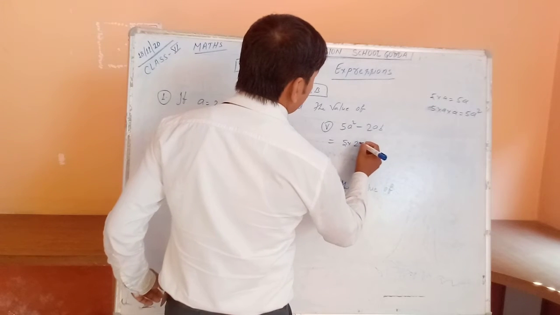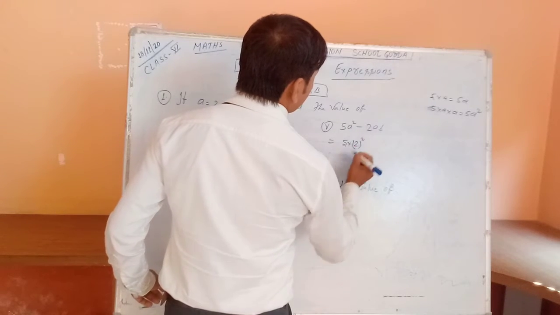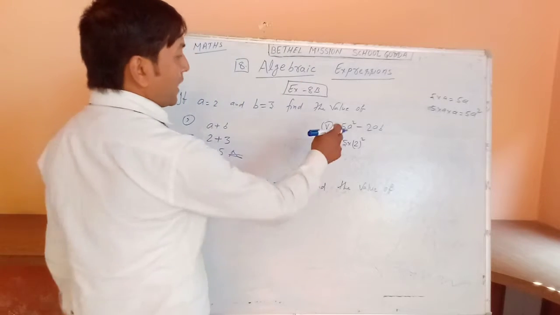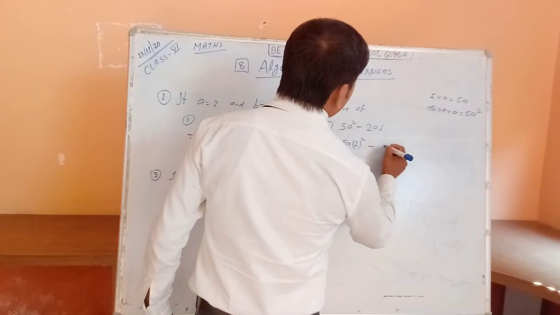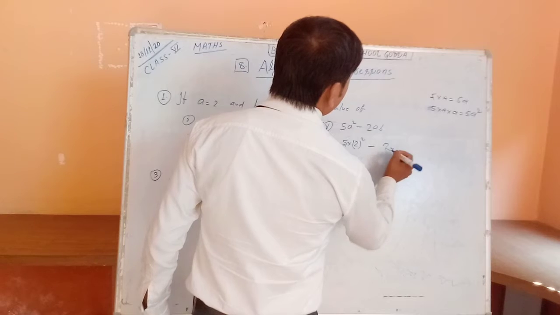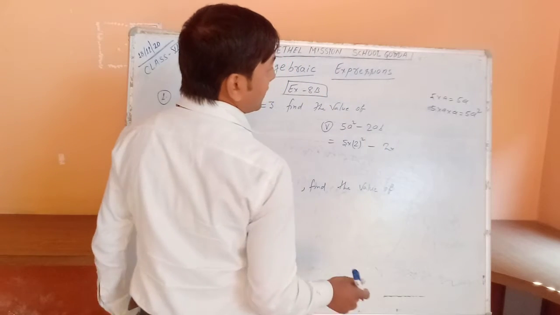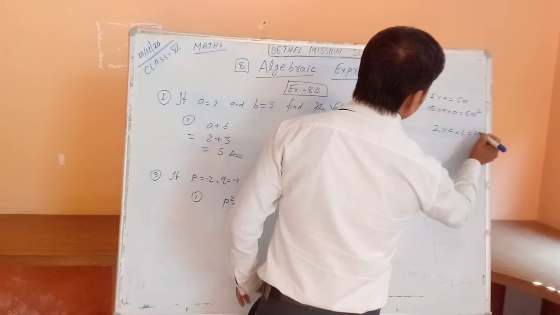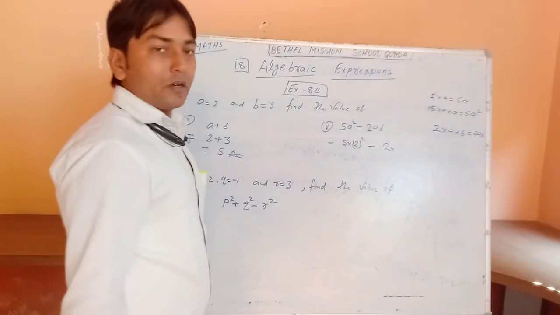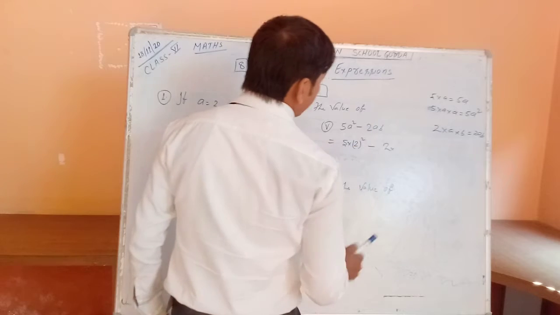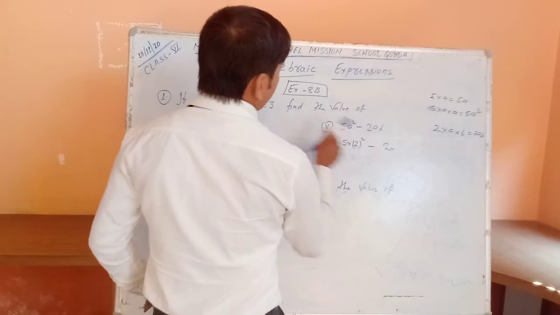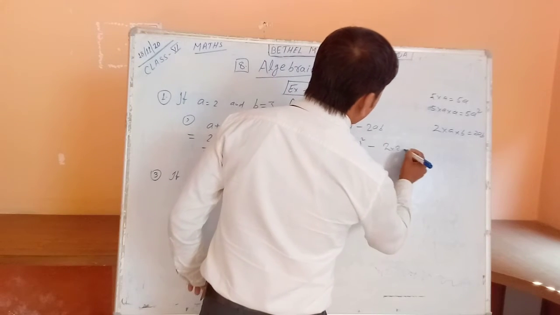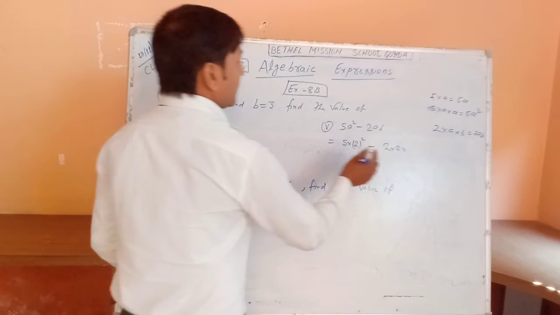Write down 2. 2 to the power square, it means 2 squared, and minus 2, again here the multiple symbol is hidden, 2 into a into b, that is 2ab. So here a is 2 and b is 3.